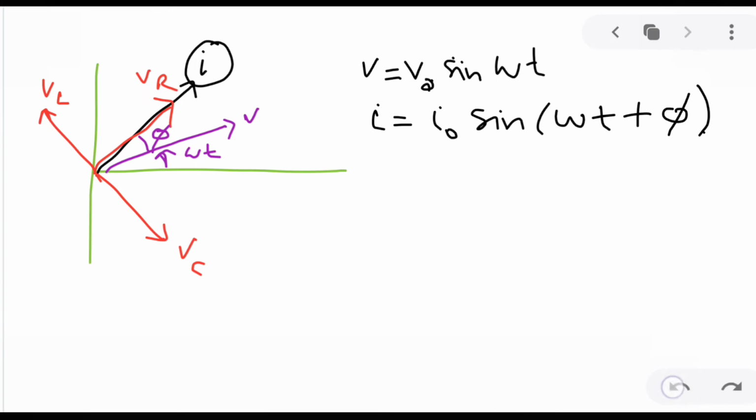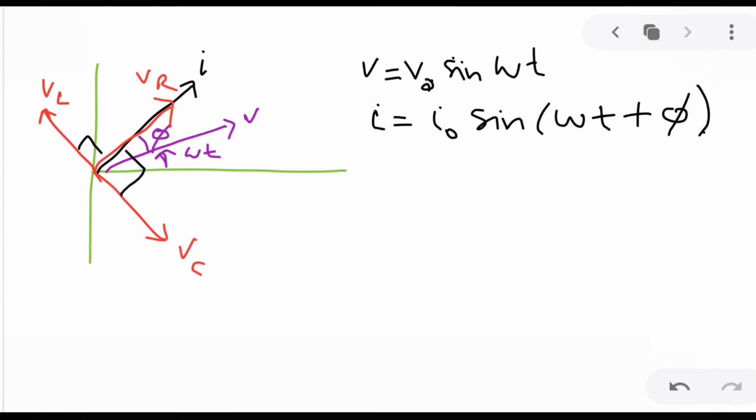With regard to VL, the voltage drop across the inductor is 90 degrees ahead of current, and the voltage drop across the capacitor is 90 degrees behind current.